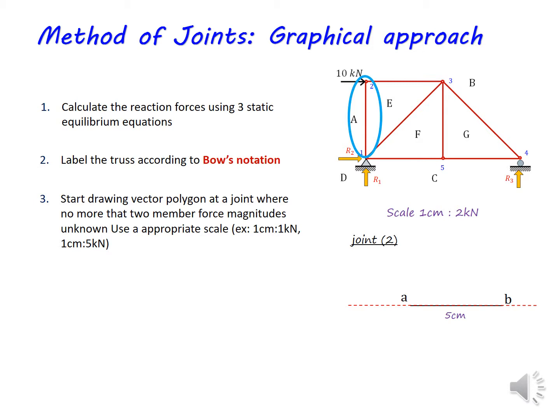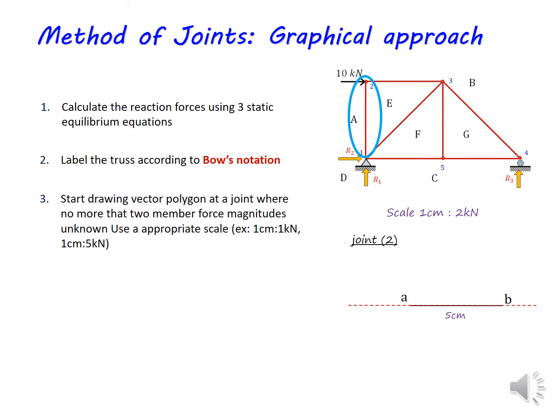We know the direction, it's a vertical force. Then we can mark the line of action in the diagram, since we don't know the magnitude. We know where point A is in the diagram.